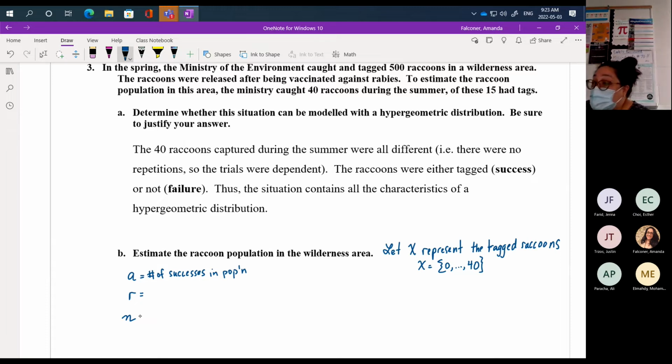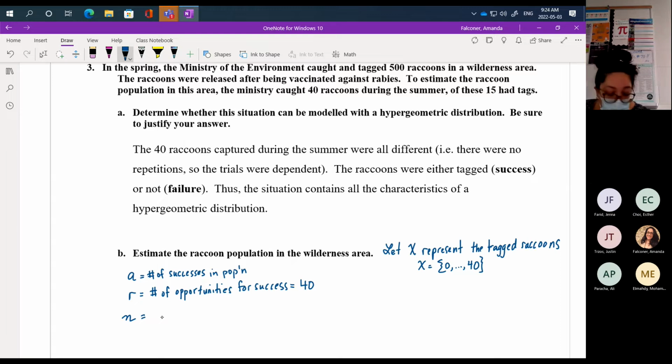The number of dependent trials. But I like to write opportunities for success. So this value is actually 40, because those are the animals that were caught up. So you could be crazy lucky and get all 40 animals being tagged, but that's probably not the case.